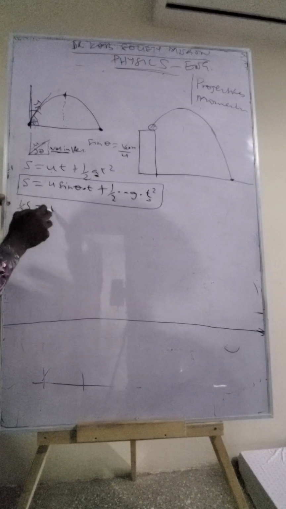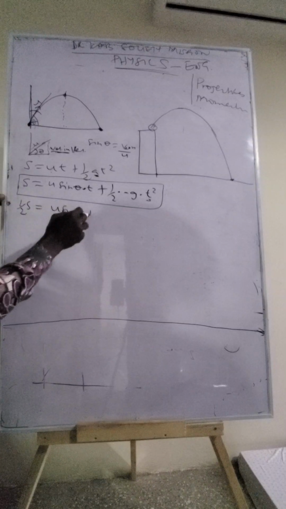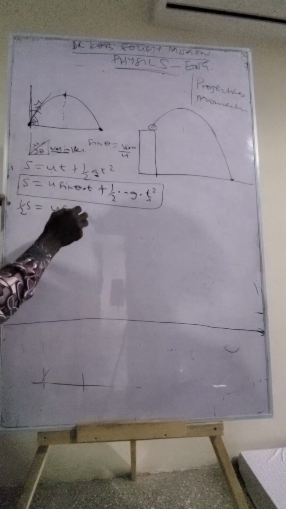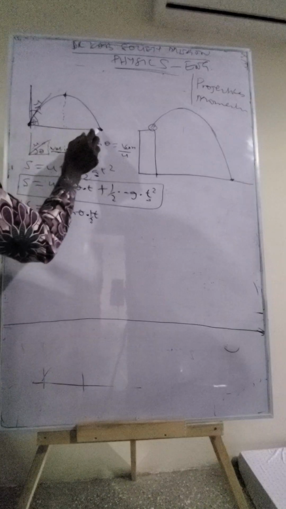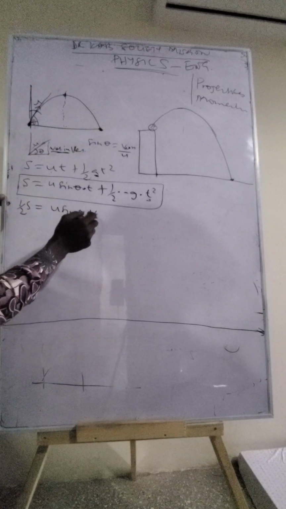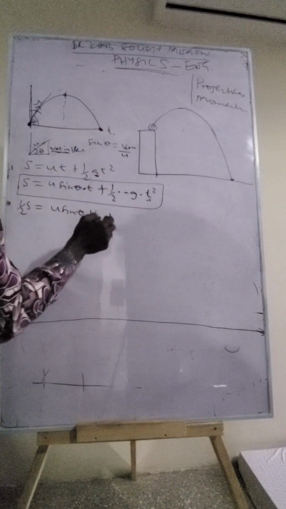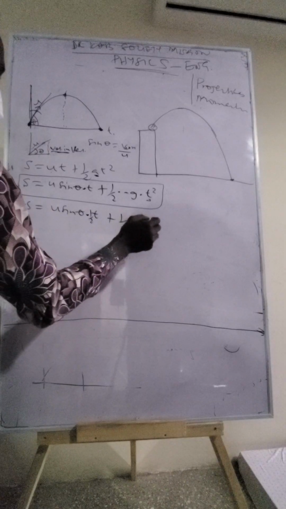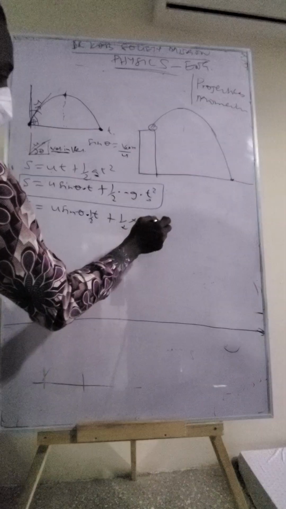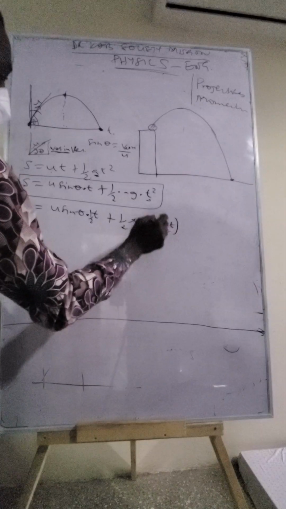Half of s is equal to u sine theta times half of t, because the first time that we were using was for the total to go up and come down. So half of t is the time up to this point, plus half times negative g times half of t squared.